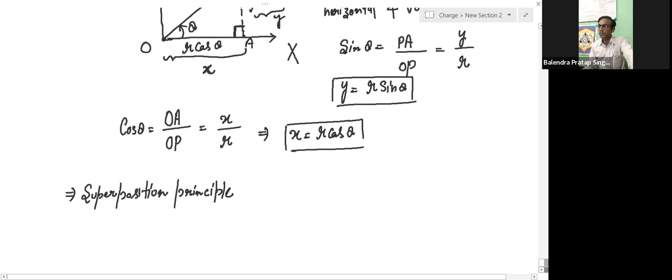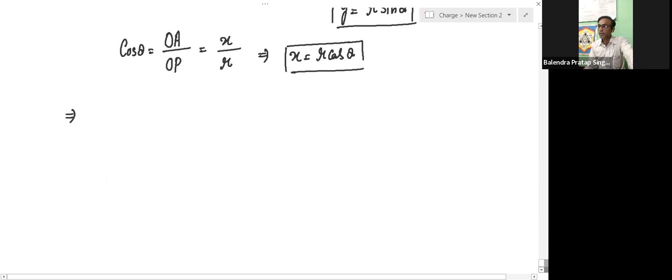Wait a minute, let me ask one or two questions related to resolution of a vector, so that you understand it better. Suppose I am drawing here axis x and axis y.